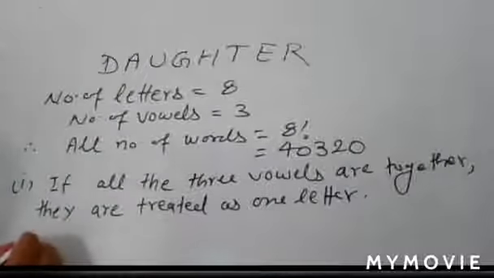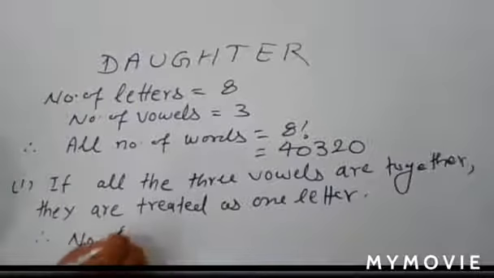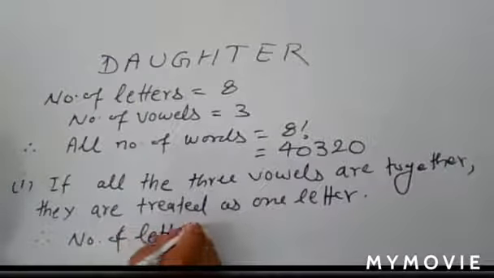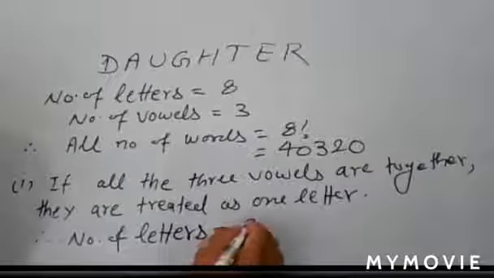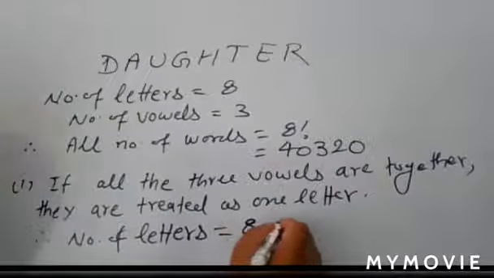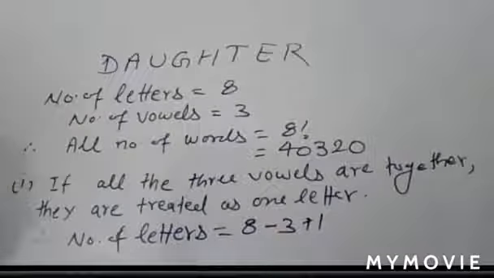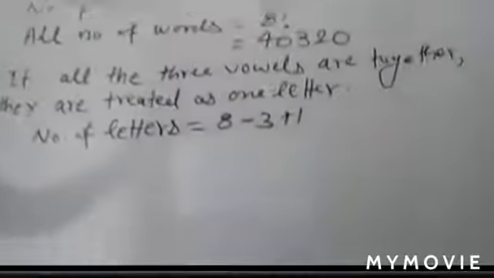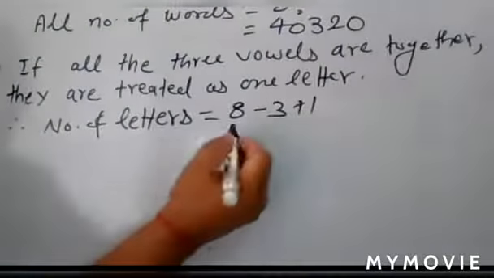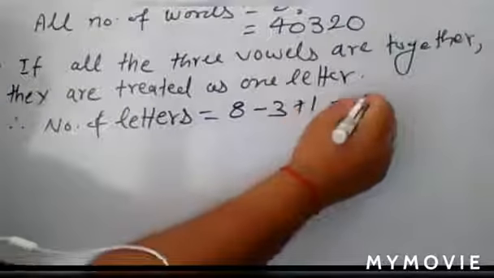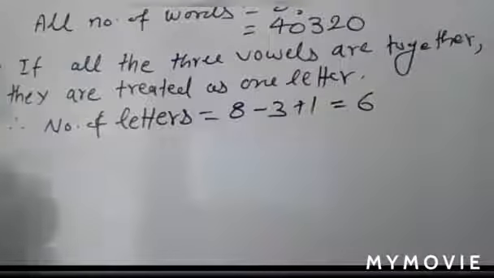And if they are treated as one letter, then what is the number of letters? Total 8 letters are there. 3 vowels you subtract and you add 1, because the vowels you subtracted are taken as one letter. So 8 minus 3 plus 1, that is 6. So here you have 6 letters, and 6 letters can be arranged in factorial 6 ways.